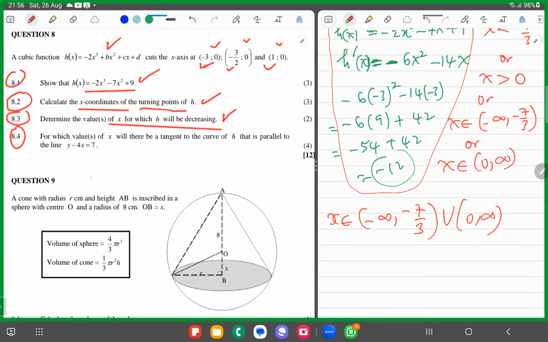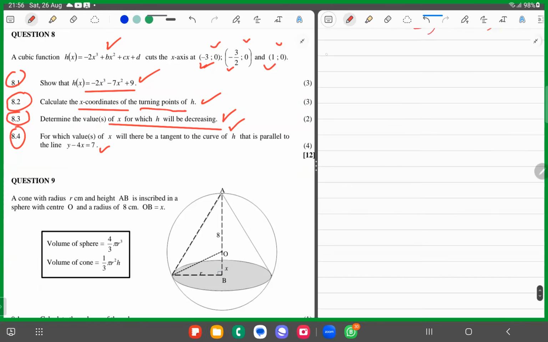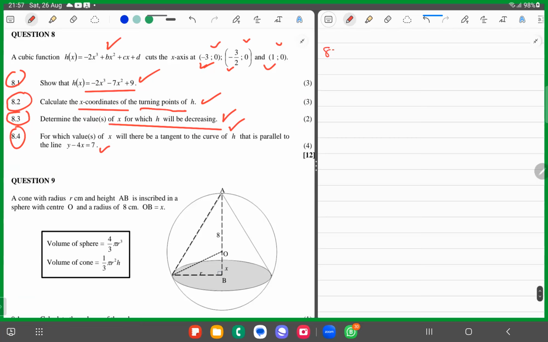So in 8.4, for which values of x will there be a tangent to the graph of h that is parallel to the line?